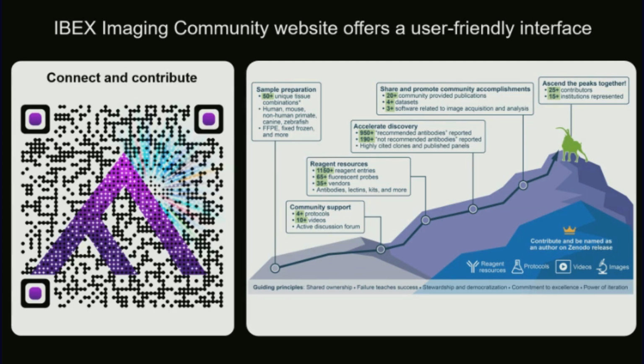And then we're really excited that we have people from all over the world, and this is a growing number contributing. And again, to incentivize this behavior, everybody who contributes, even if it's just one antibody, a protocol, a video showing some lab lore, and images, reference images or data sets gets named on the Zenodo release.